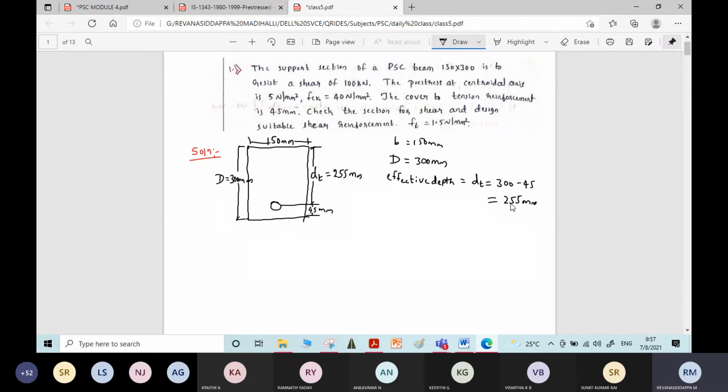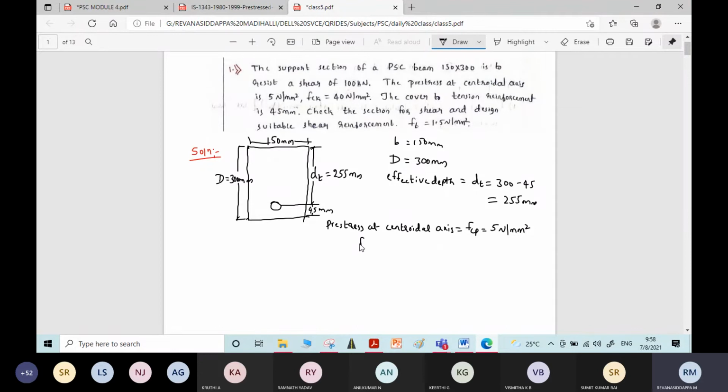Then pre-stress at the centroidal axis is given as 5 Newton per mm square, that is, fcp is equal to 5 Newton per mm square.